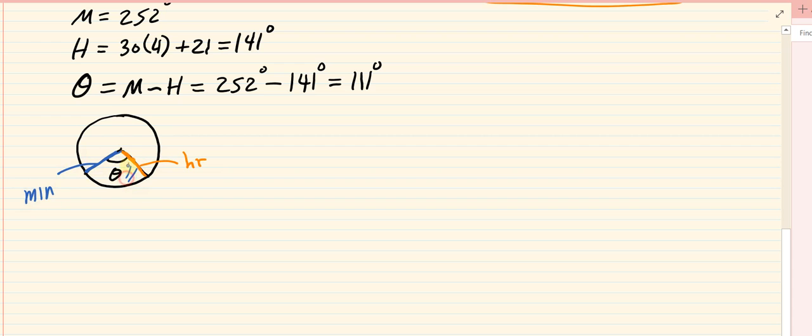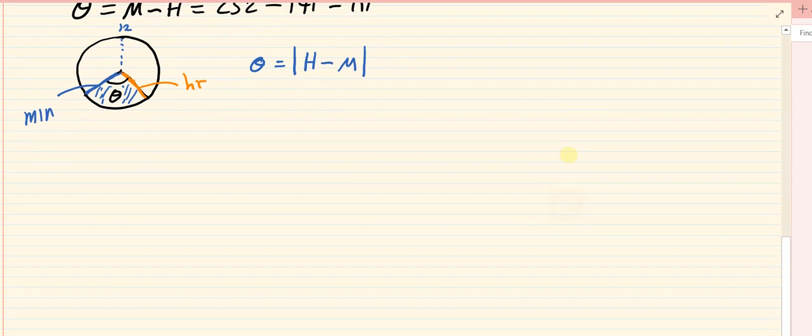And of course this region is the measure of angle theta. So I can write that theta is equal to the absolute value of H, that's how far the hour hand has traveled from 12 o'clock. Everything, remember, is with respect to 12 o'clock. H minus how far M has traveled.